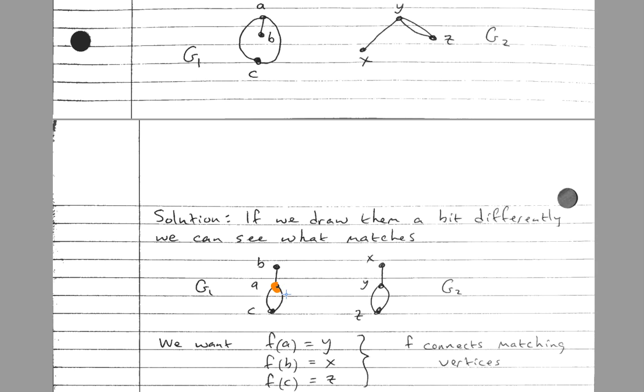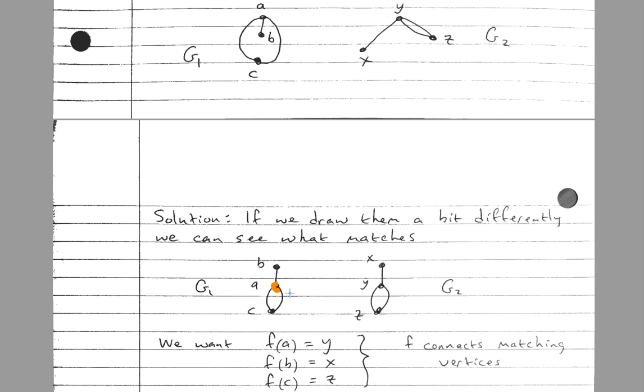So starting here, here's one path. Just go to B and then come back. That's 1. You could go to C and then come back on the same edge. That's 2. Go to C, come back on a different edge. That's 3. Go to C on this edge, come back the same way. That's 4.